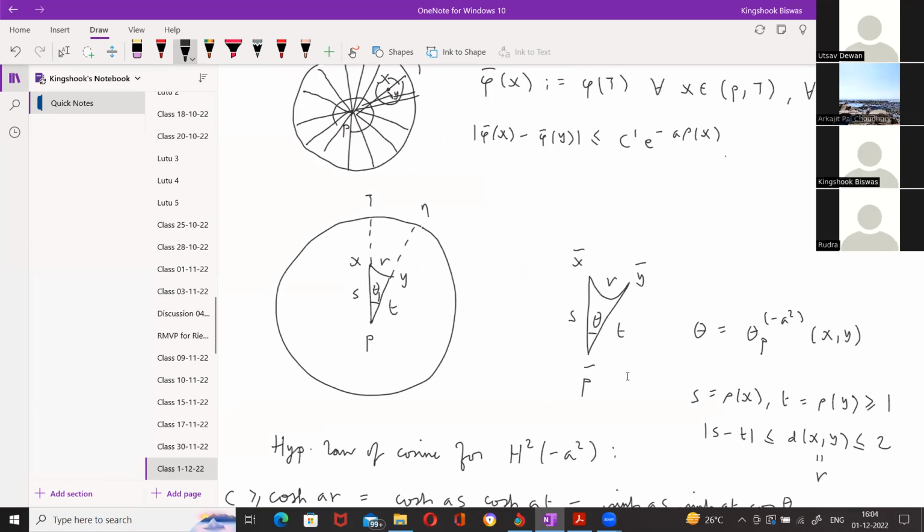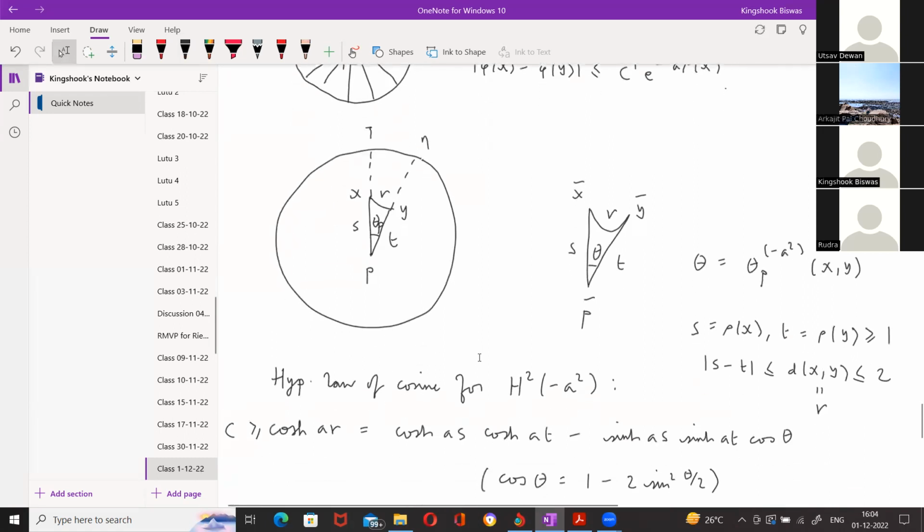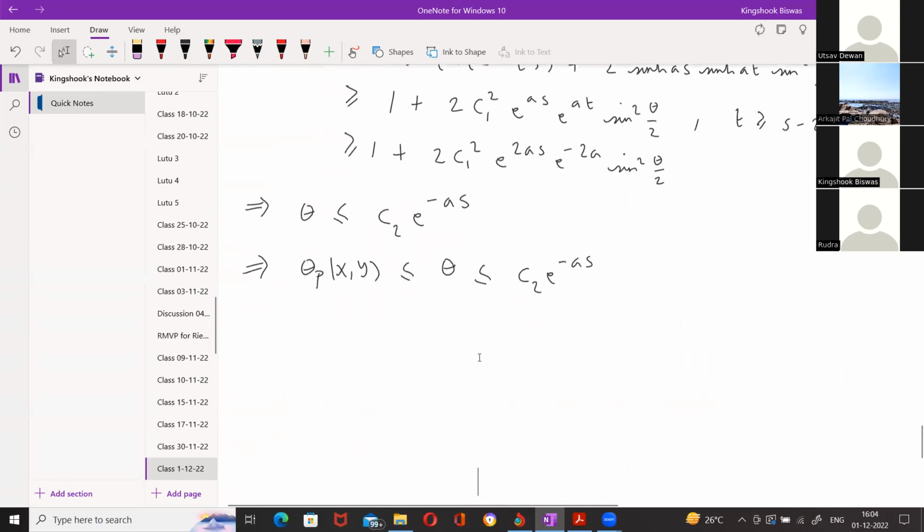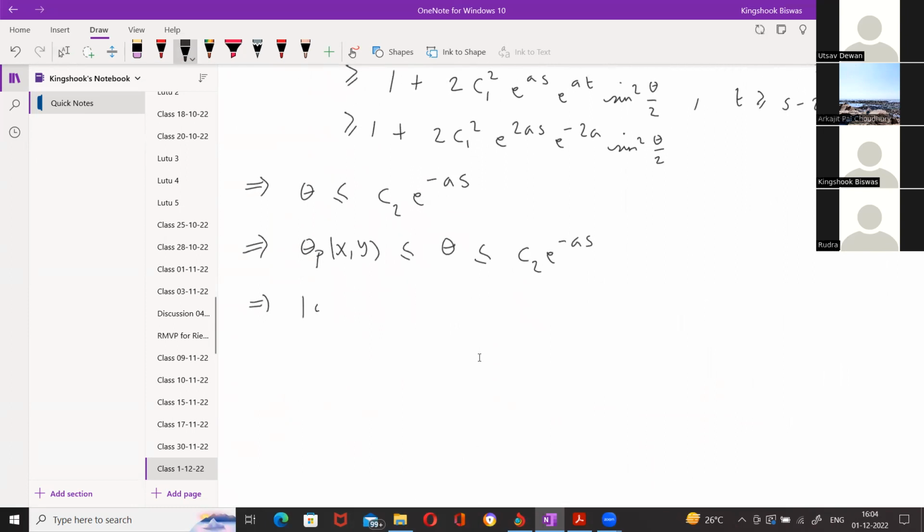And you know that phi is Lipschitz with respect to the angle metric. So therefore you get what we want. From this you get that phi bar x minus phi bar y is less than or equal to constant times AS as well.